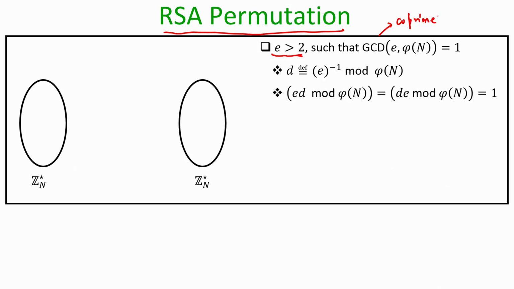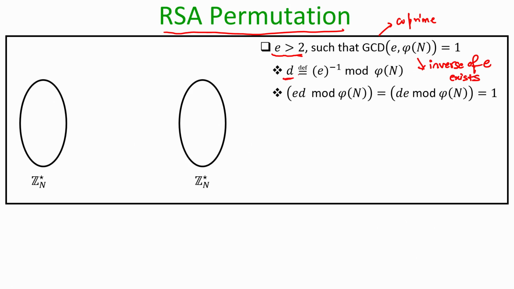Now, since it is co-prime to phi of n, again using basic results from number theory, we can conclude that the inverse of e modulo phi of n exists, let d be that inverse.